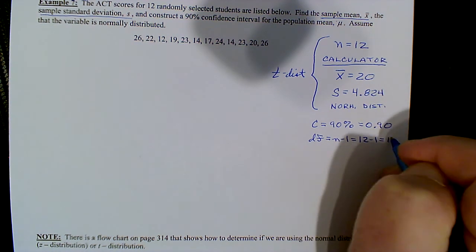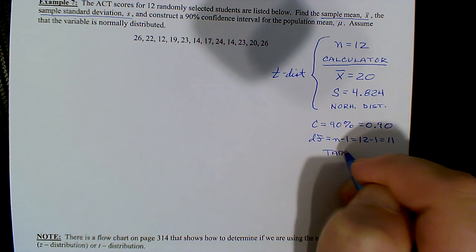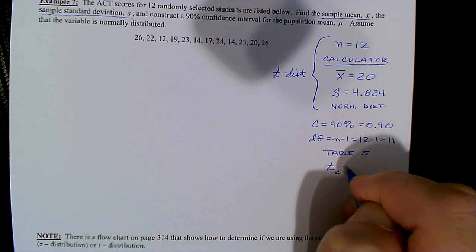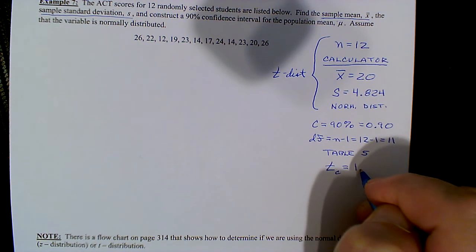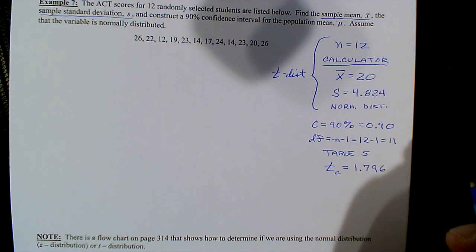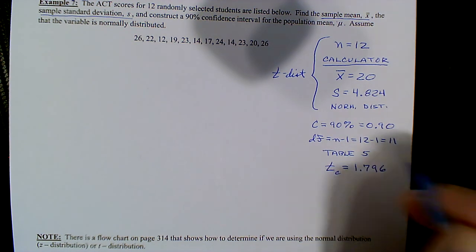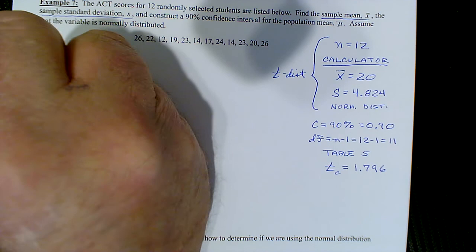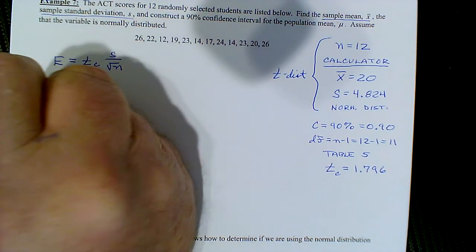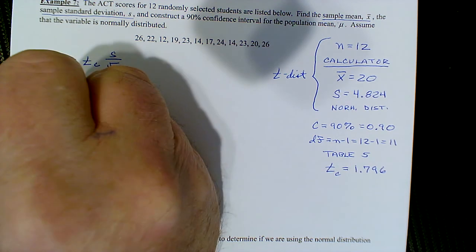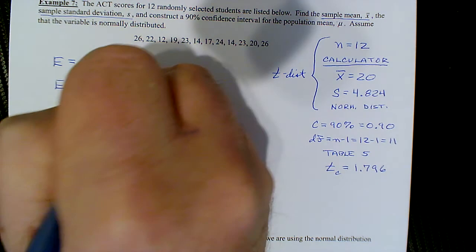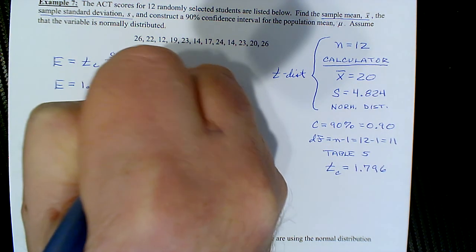Okay, so now the standard calculations. E first, T sub C times S over the square root of n. Plugging in, T sub C was 1.796 times S was 4.824 divided by the square root of n, which was 12. And so check my computations, 2.501. That's what I got.